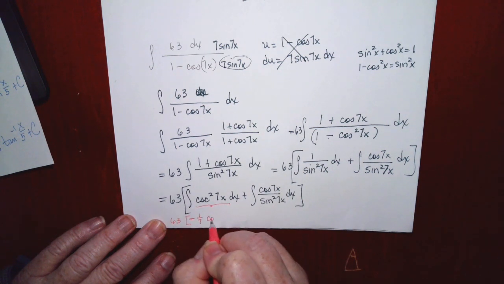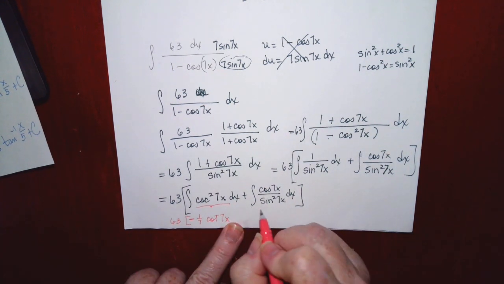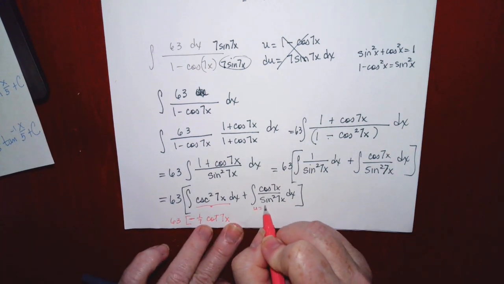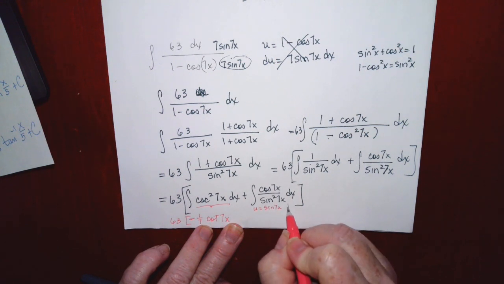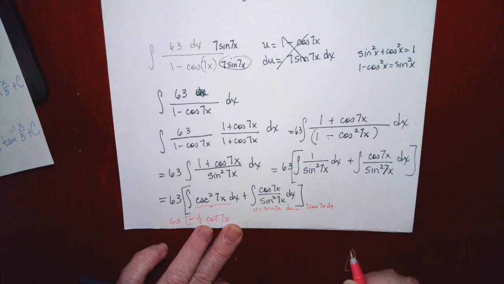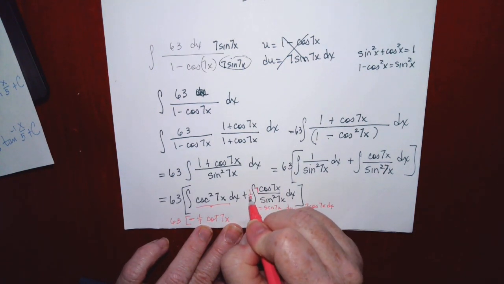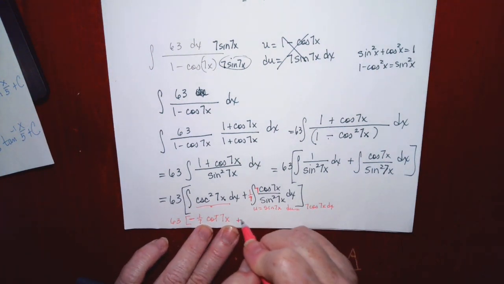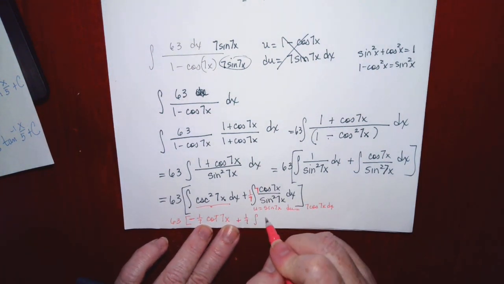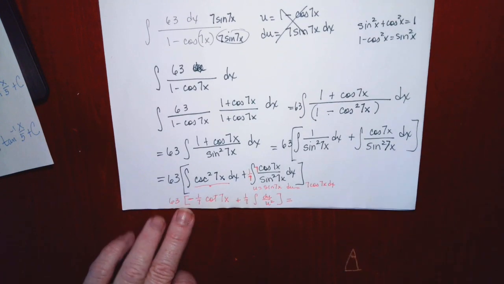1/7 cotangent of 7x. And then for this part, I'm going to let u equal sine of 7x. So du will be 7 cosine of 7x dx, sorry. So I'm going to multiply this part by a 7 and reverse it with a 1/7. So I will have plus 1/7 the integral of du over u squared, where u is that sine of 7x.